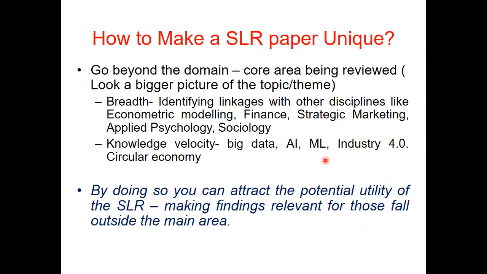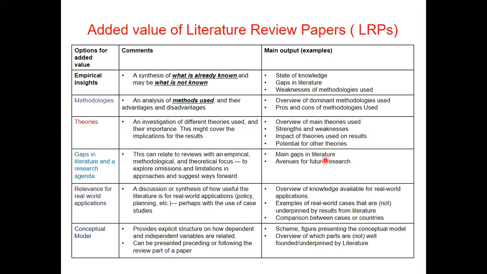Okay, then this is also a summary of the added value of literature review papers in a nutshell. Some empirical insights, for example, a synthesis of what is already known and maybe what is not known. And then, of course, the main outputs; these are some examples: the state of knowledge, gaps in literature, weaknesses of methodologies used.